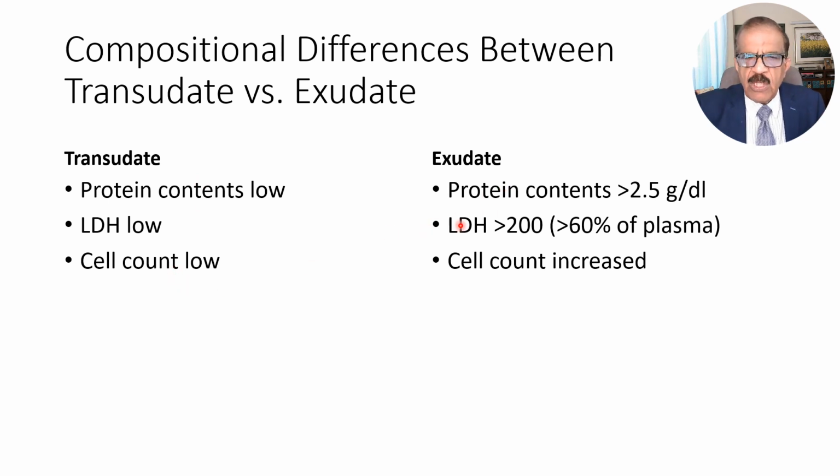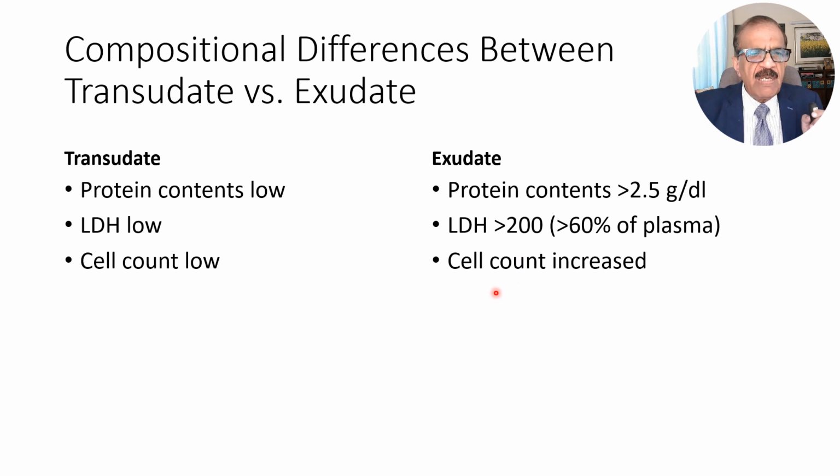Now in exudate, protein contents may be increased, 2.5 or more grams per deciliter. LDH level may be more than 200 milligrams, or more than 60% of the maximum plasma level, or cell count may also be increased. Of course, when we take the specimen, there is a possibility of inducing some trauma that can also lead to elevation.